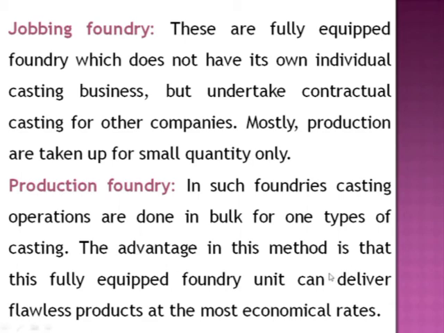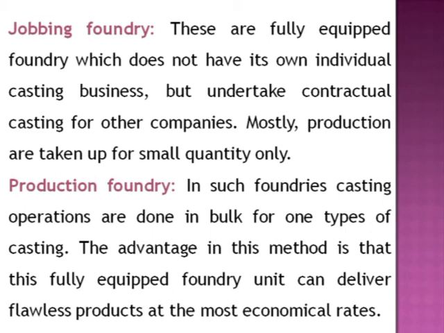The advantage of this method is that the fully equipped foundry unit can deliver a flawless product at an economical rate, because here you need to produce only a single part. So the manufacturing cost of the single part is less, because you need to manufacture the same piece continuously, thousands and lakhs of pieces.